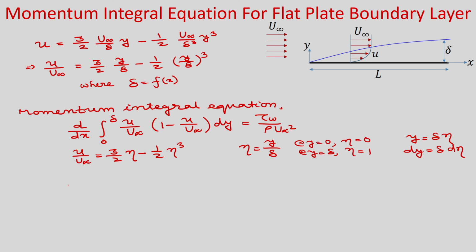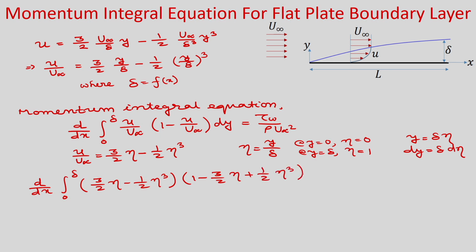So, we will get this momentum integral equation. You can see d of dx integral 0 to delta. So, this term will be there 3 by 2 eta minus half eta cube, and this will be 1 minus u by u infinity. So, it will be 1 minus 3 by 2 eta plus half eta cube, okay, and dy is equal to delta d eta.